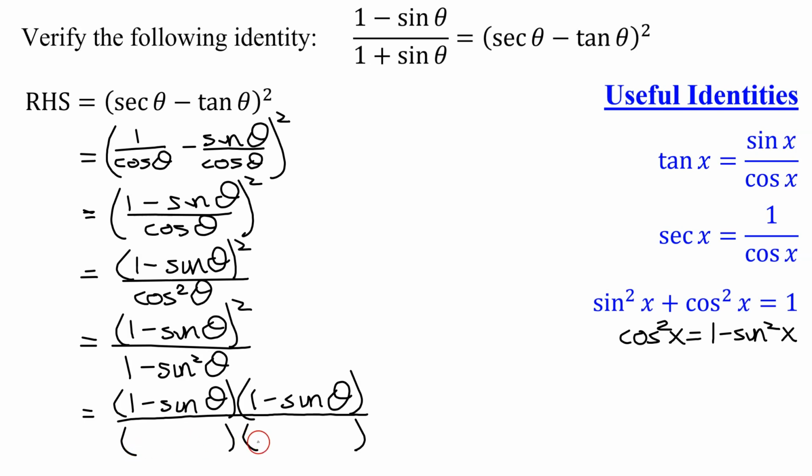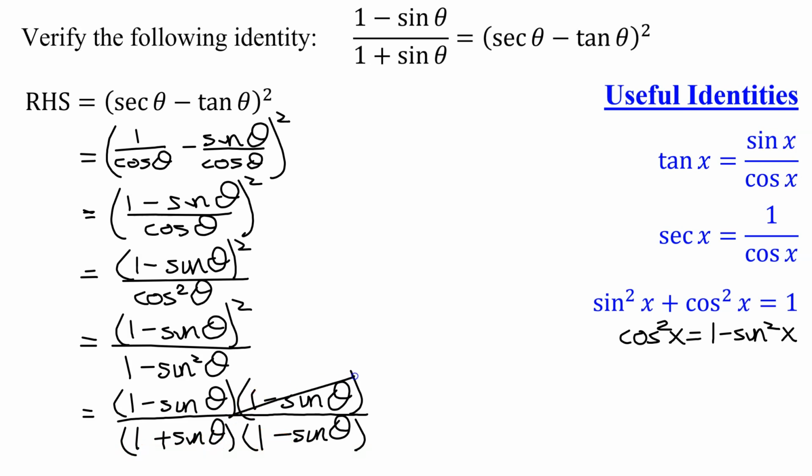The first term in both of these parentheses is the square root of 1, which is 1. You're going to have opposite signs in your parentheses, and the square root of sine squared theta is just sine theta. So my denominator factors into (1 plus sine theta) times (1 minus sine theta).